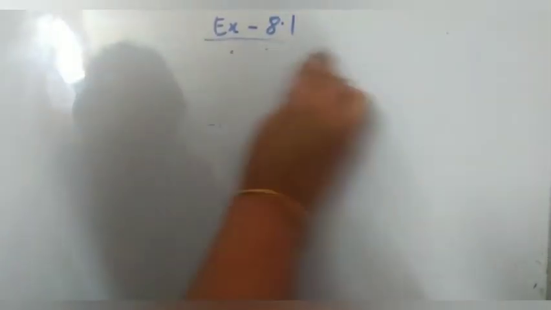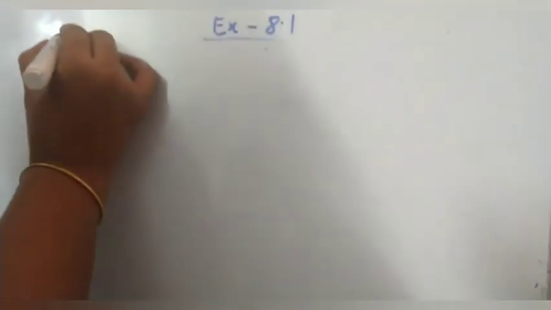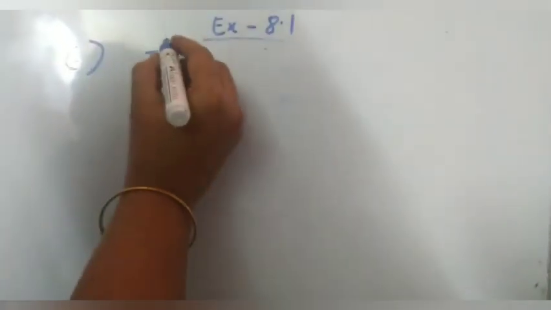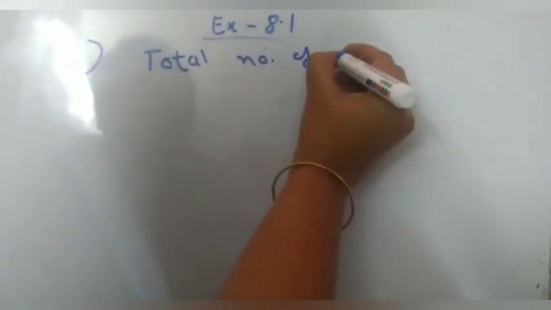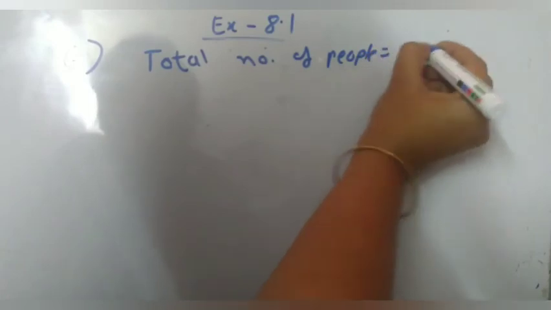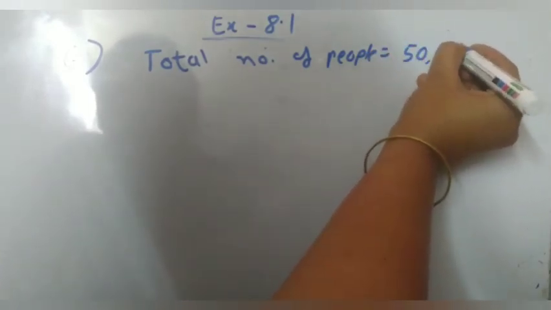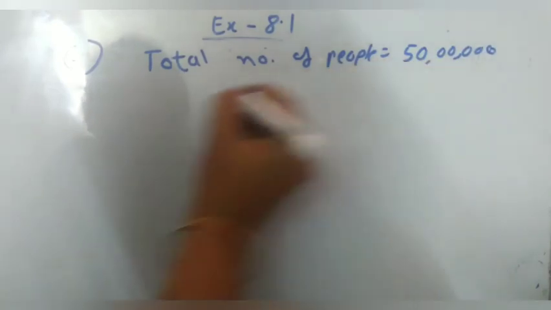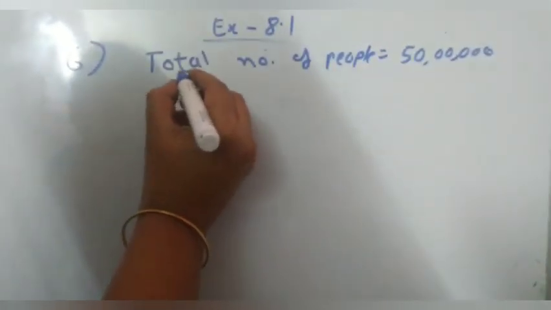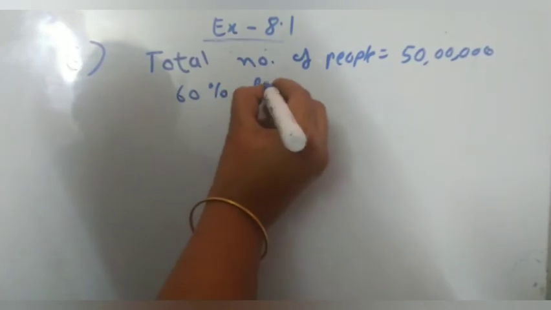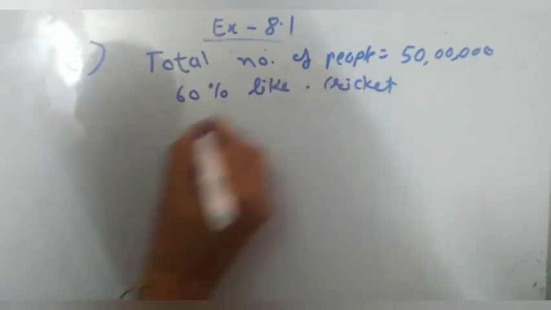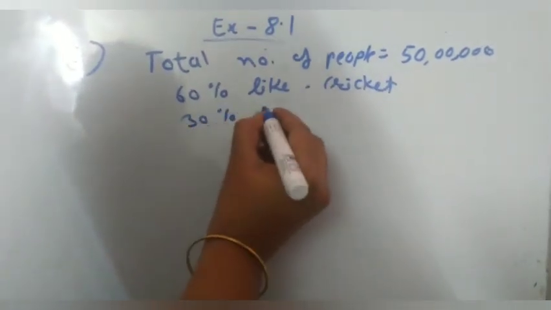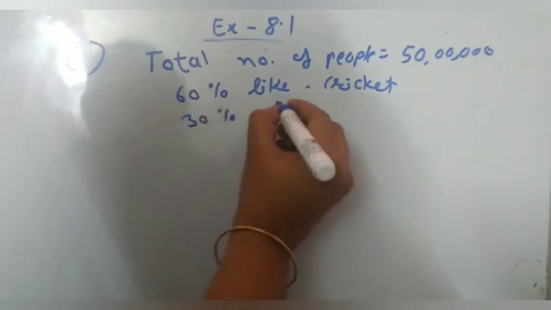So it is given, problem number 6, total number of people equals 50 lakh. Out of which 60% like cricket and 30% like football.